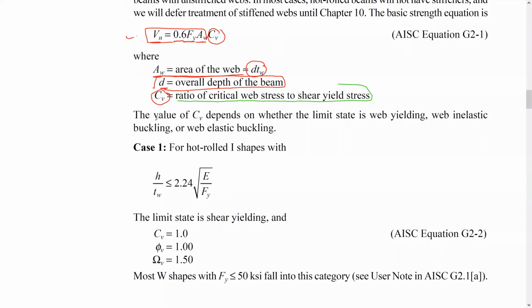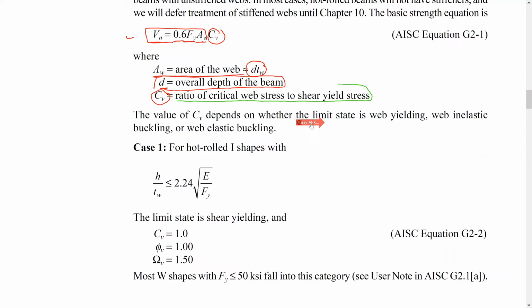And if you see here, the value of C sub V depends on whether the limit state is web yielding, web inelastic buckling, or web elastic buckling. So it is either based on web yielding, web inelastic buckling, or web elastic buckling.